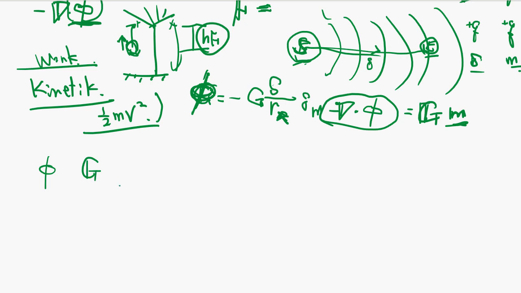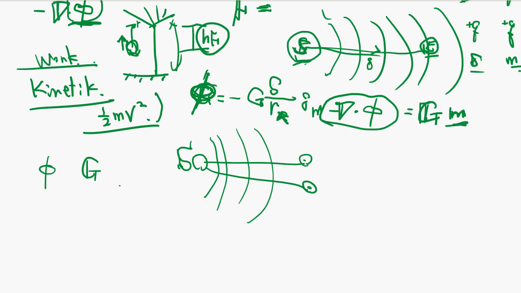And what's the difference between Newton's and the field? Newton is point to point. This mass acts on this mass. This mass acts on this. But in field theory, the mass, the sun's weight, the mass creates this gravity field, and anything in this field is affected by field theory.